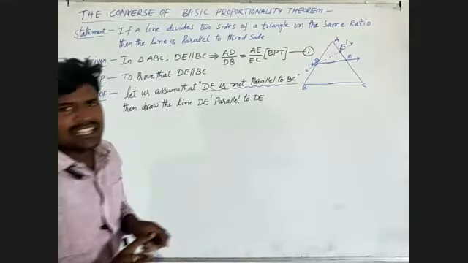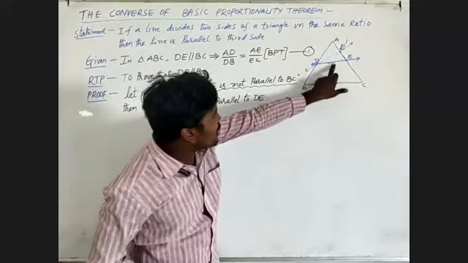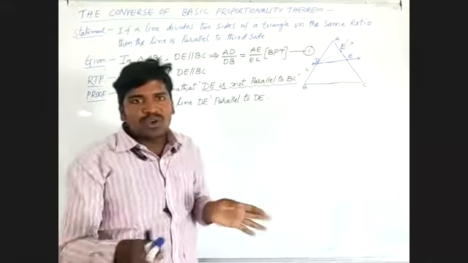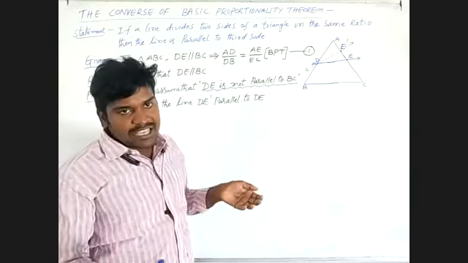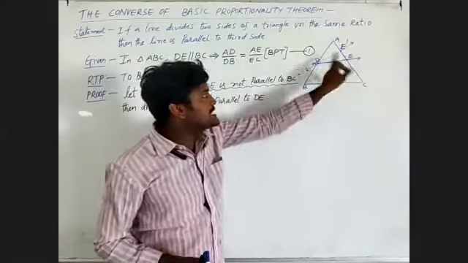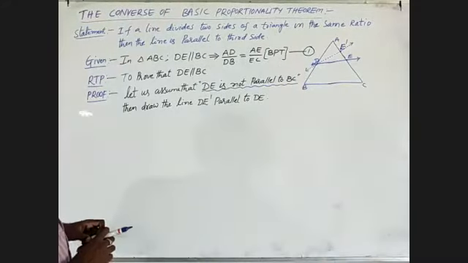Let us assume that DE is not parallel to BC. DE అనేది BC కి parallel గా లేదు అనుకుంటాను. అయితే దేనికి ఏది parallel గా ఉంది అని తీసుకుంటానంటే DE is parallel to DE dash అని తీసుకుంటాను. That means DE dash is parallel to DE.